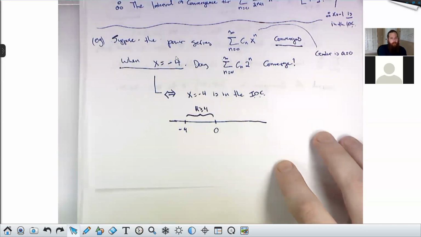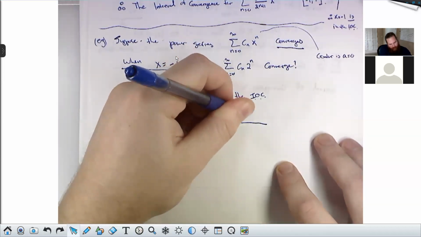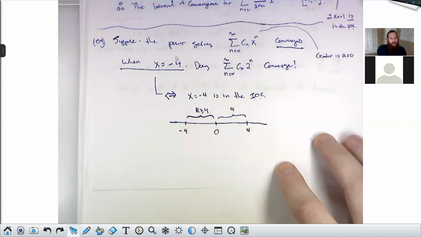And since the interval of convergence is symmetric, I know that I can go at least 4 this way and stay in the IOC.